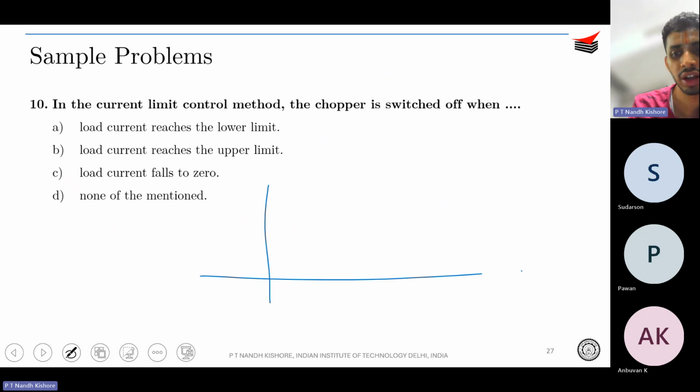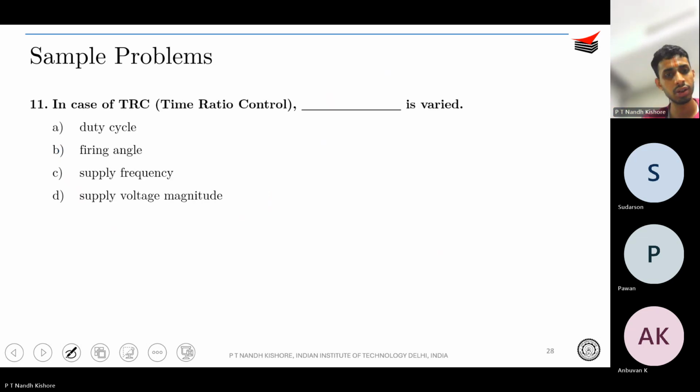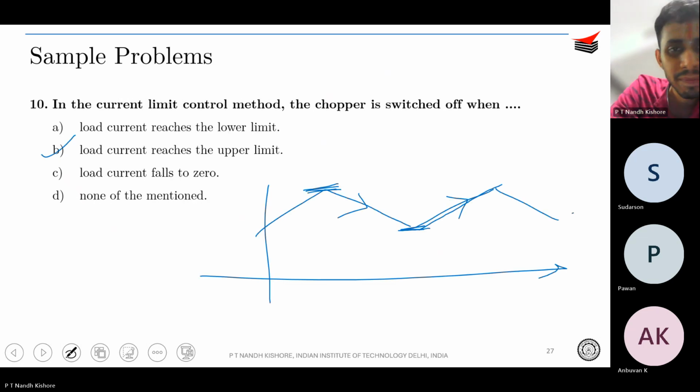Just now we saw, the inductor current, when it reaches the maximum limit, the device is turned off. When it reaches the minimum limit, the device is turned on. So the inductor starts charging once again. When the current reaches the maximum limit, the device is turned off. Therefore, the chopper is turned off when the load current reaches the upper limit.